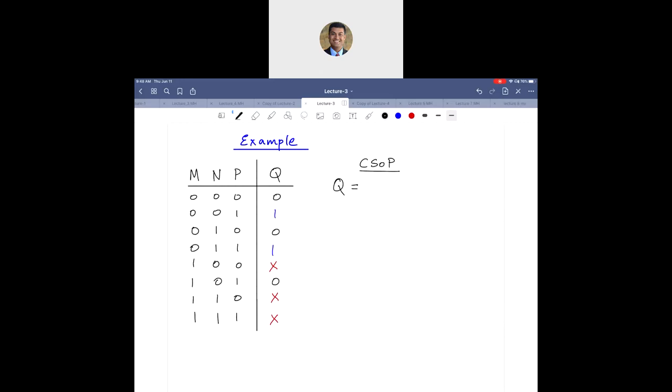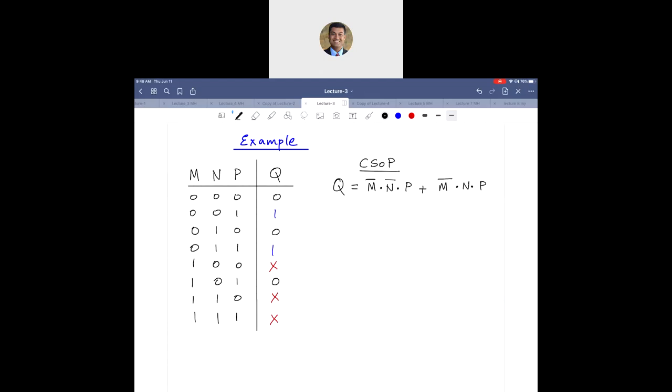So that would be M complement N complement P, or M complement N P. So that's a canonical sum of product expression right there.